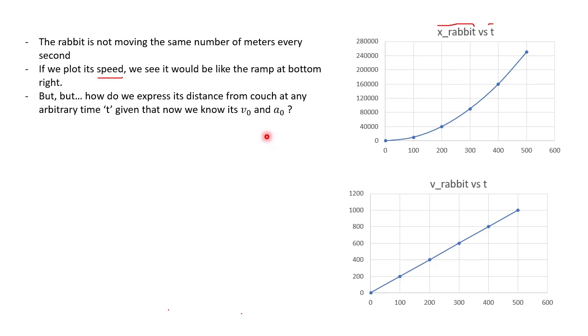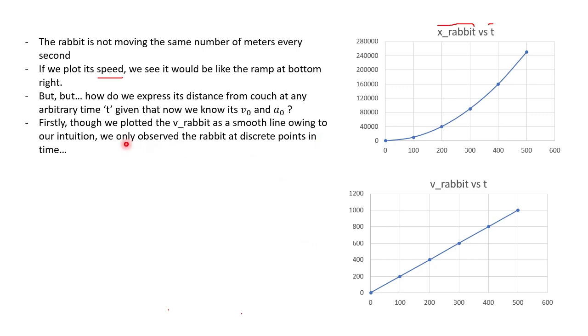So we know what our initial velocity is, and we know what our initial acceleration is. Now, can we define the position of the rabbit at any arbitrary time instant, given that these conditions do not change, or till the time when these conditions do not change?